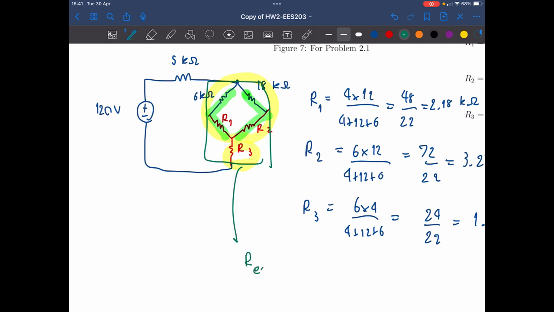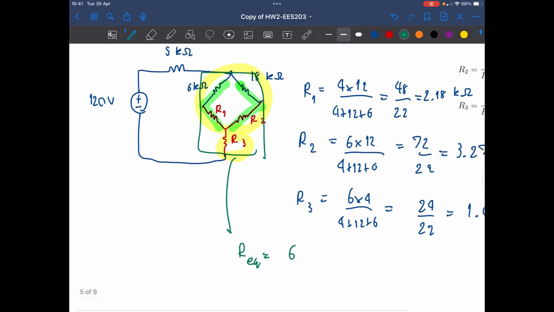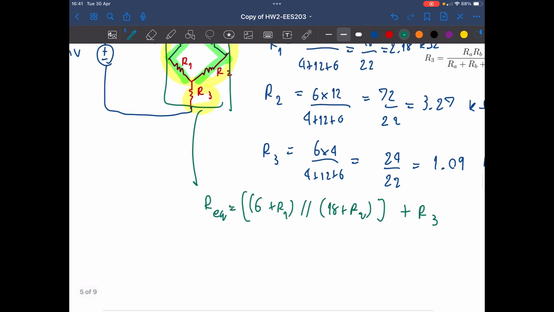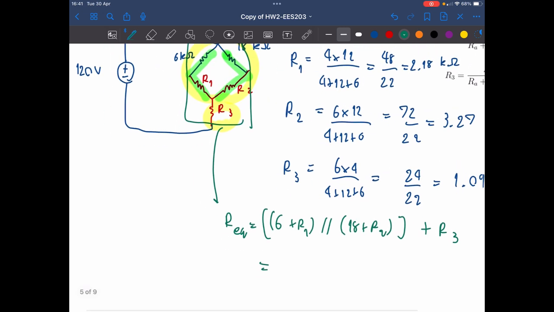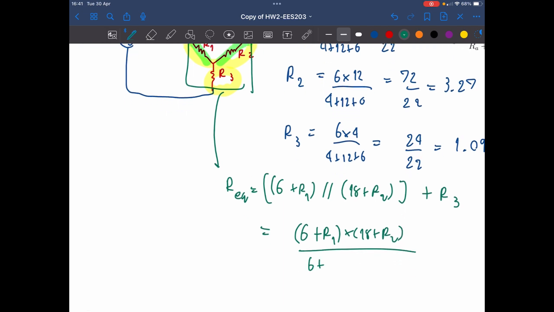Which is equal to, let's write it more simply here, 6 plus R1, all in parallel with 18 plus R2, and then the overall plus R3. For the case of 6 plus R1 in parallel with 18 plus R2, we could write that formula, which you should probably remember, as 6 plus R1 times 18 plus R2, all divided by the total sum, 6 plus R1 plus 18 plus R2.